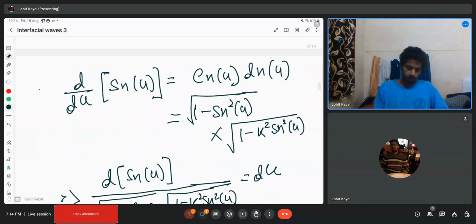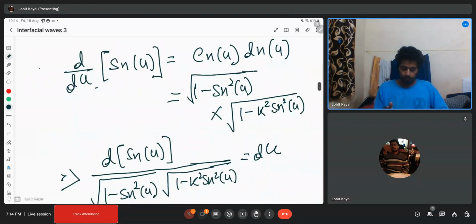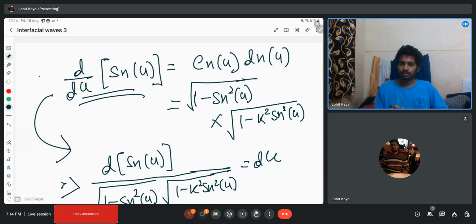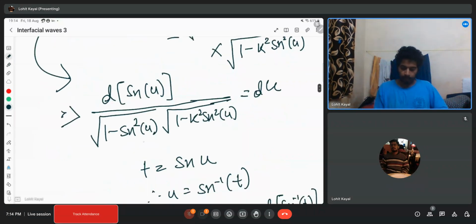Now I will not go over this, since it is discussed in the lecture really well, but I will give you a brief outline. Using the identities that we have proved earlier, you can convert it like this. cn(u) is the square root of 1 minus sn squared u, and dn(u) is the square root of 1 minus k squared sn squared u.